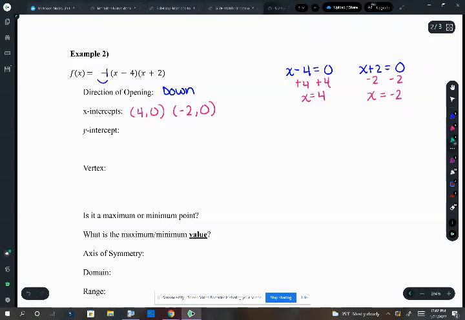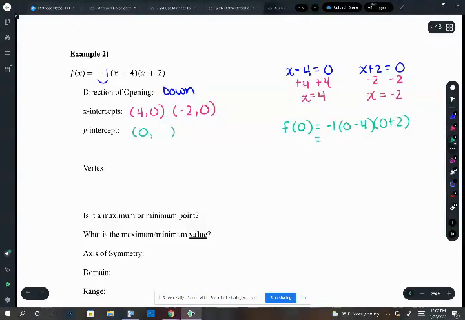To find the y-intercept, remember, we plug in 0 for x and see what happens. We're taking our equation and finding f of 0, which just means plugging 0 in everywhere there's an x. So we go -1 times 0 minus 4 times 0 plus 2. And we just do the work.